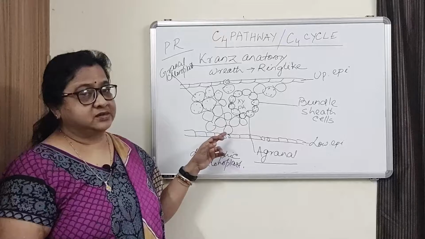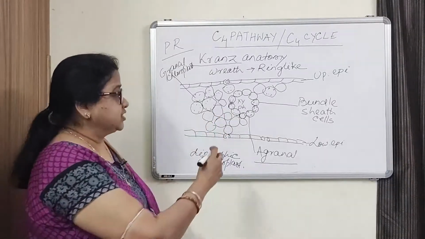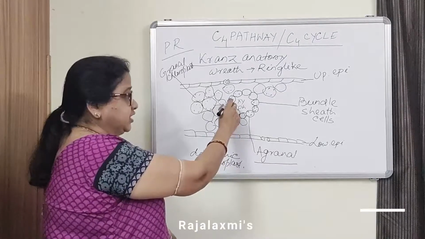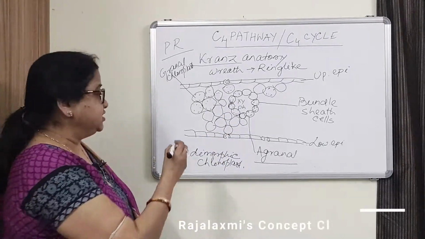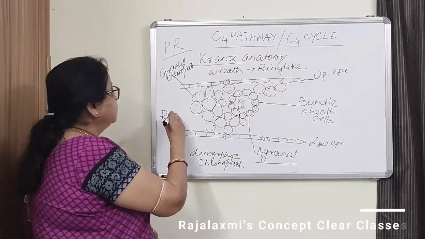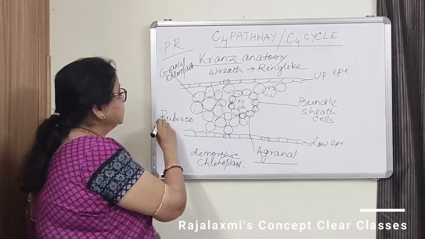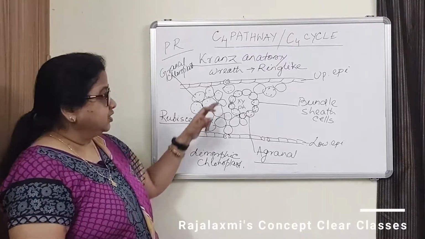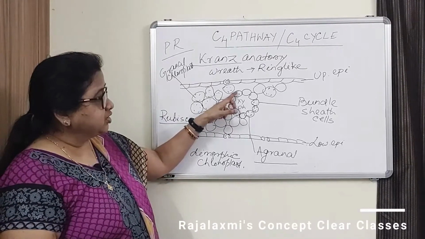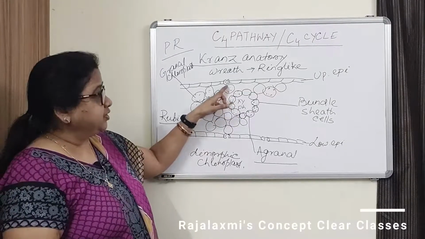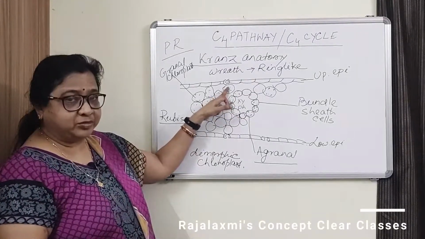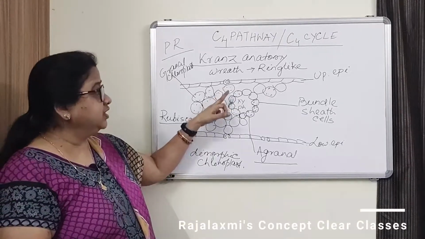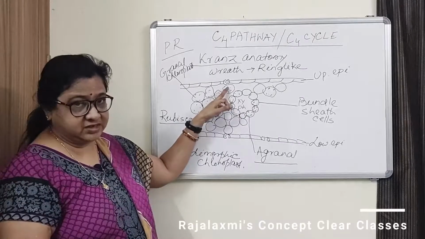In C4 plants, the C3 cycle takes place inside the bundle sheath cells, because bundle sheath cells contain the enzyme Rubisco, which is the key enzyme for the C3 cycle. The initial fixation of carbon dioxide, that is the Hatch-Slack cycle or C4 cycle, takes place in the mesophyll cells.